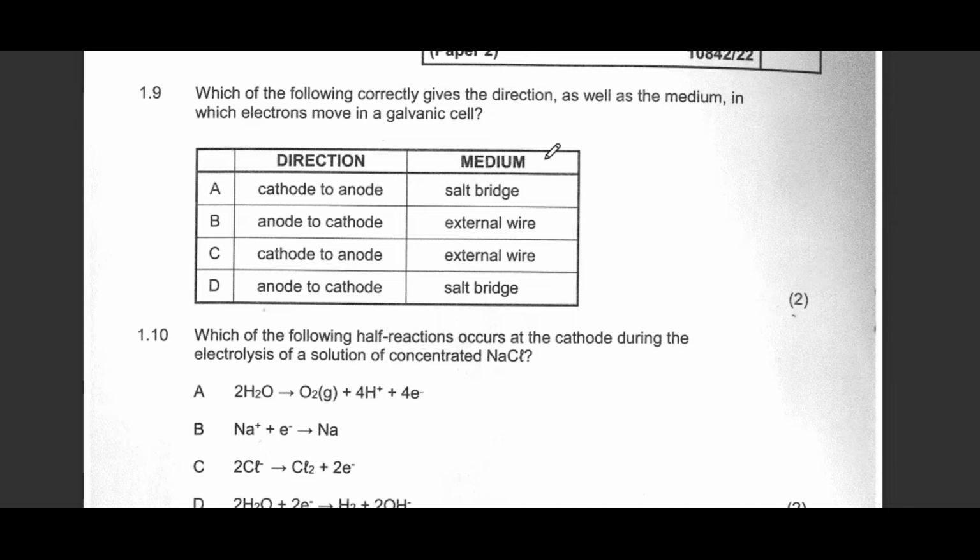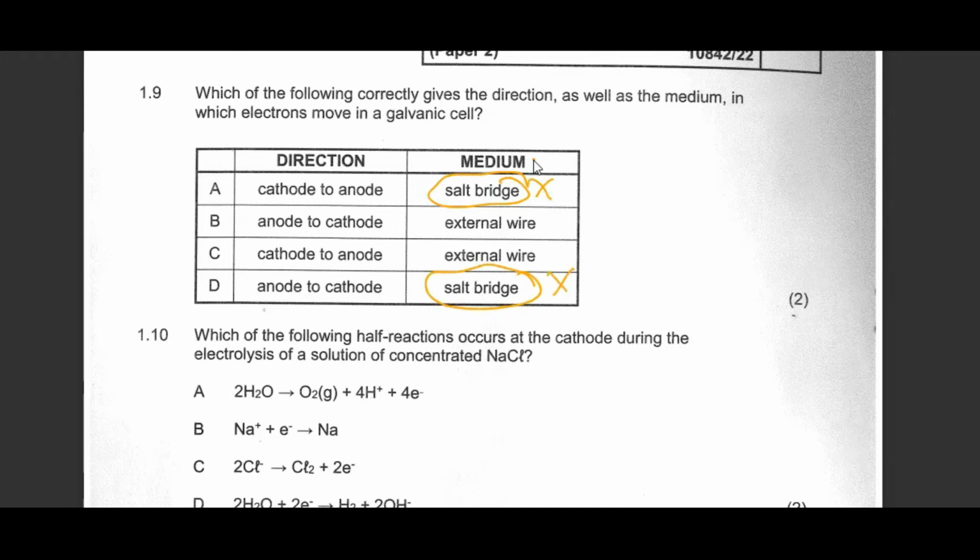First of all, what you need to know is electrons don't move through the salt bridge. Electrons move through the external wire. So whenever we have the salt bridge, it becomes wrong. So this one goes out, and also this goes out.